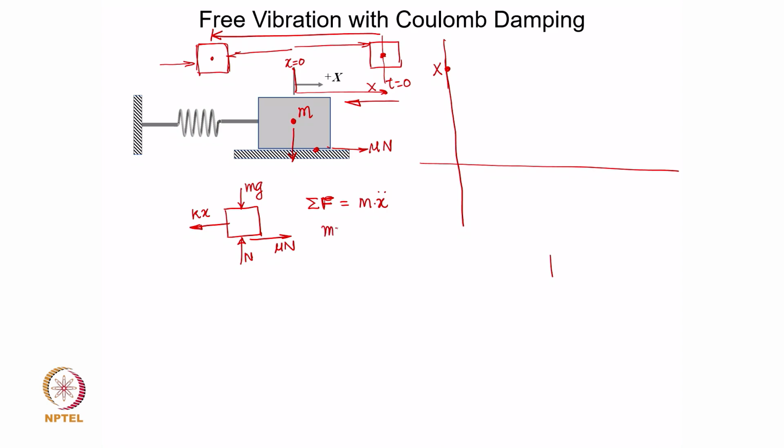So, we have m x double dot equal to minus kx plus mu N, right, and therefore, the equation of motion that governs the motion of the mass is going to be this.